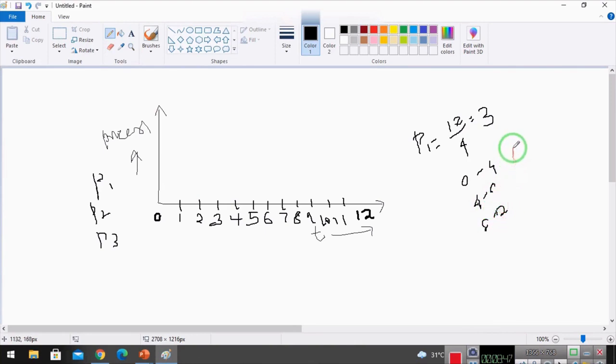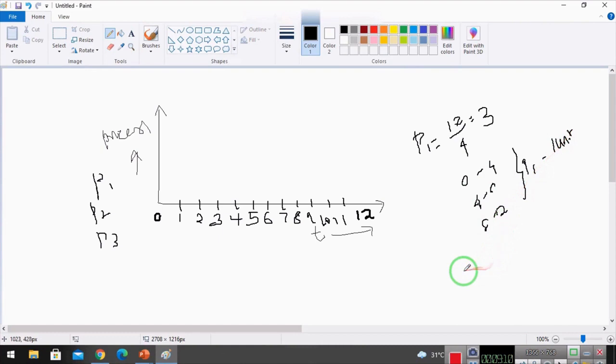Okay, so these 3 intervals are purely assigned for P1. So we have to execute P1 within these intervals, 0 to 4, 4 to 8, 8 to 12, for how many units? 1 unit. Okay.